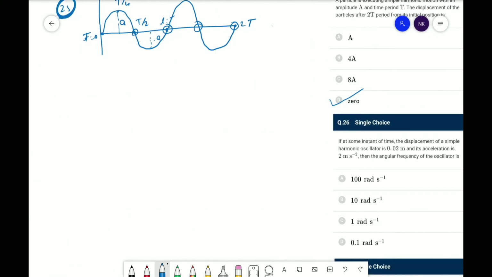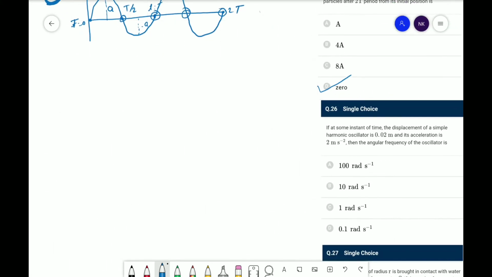Here is the next question. If at some instant of time the displacement of a simple harmonic oscillator is 0.02 meter and its acceleration is 2 meter per second square, then the angular frequency of the oscillator.